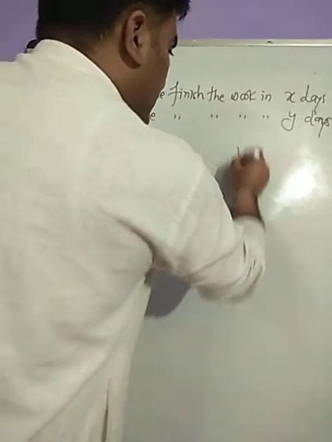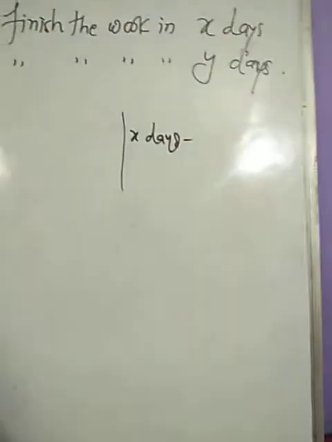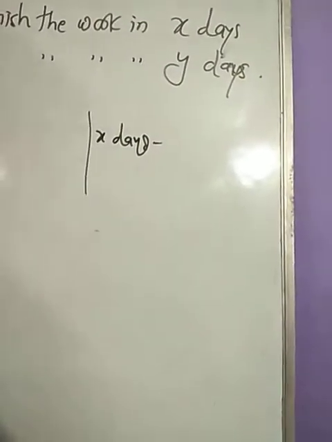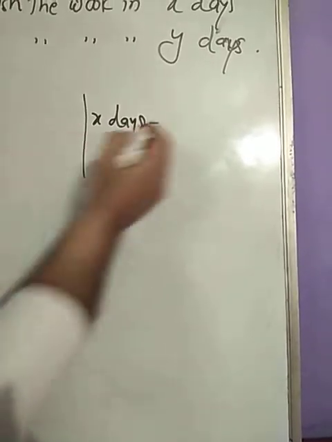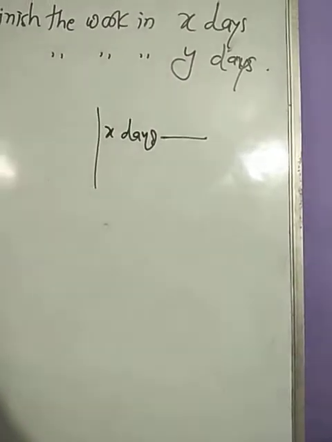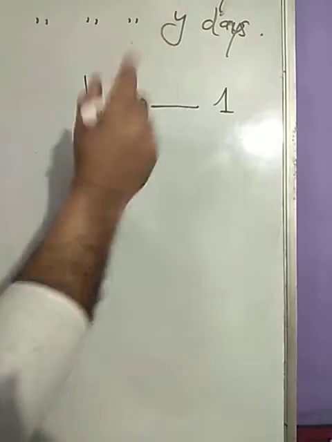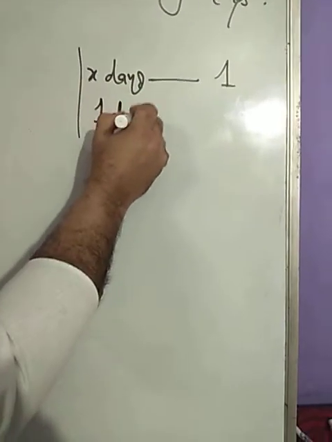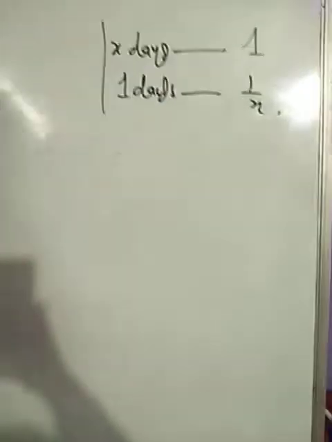See, in case of women, if I say what is X days work, remember whenever we talk about work, it is always 1. In counting, we'll take work as always 1. One woman finishes the work in X days. So one woman's X days work is 1. Then what will be 1 day's work? It will be 1 over X. So this is a rough work for us.